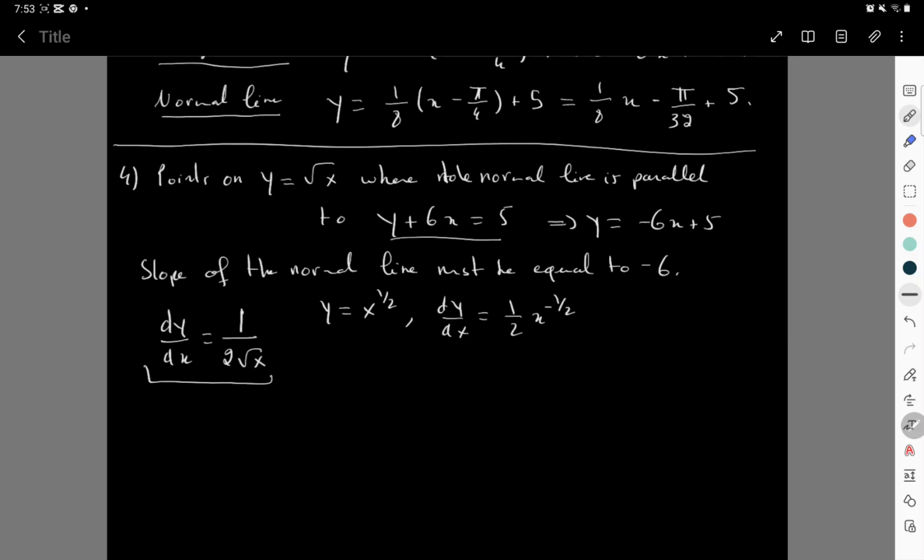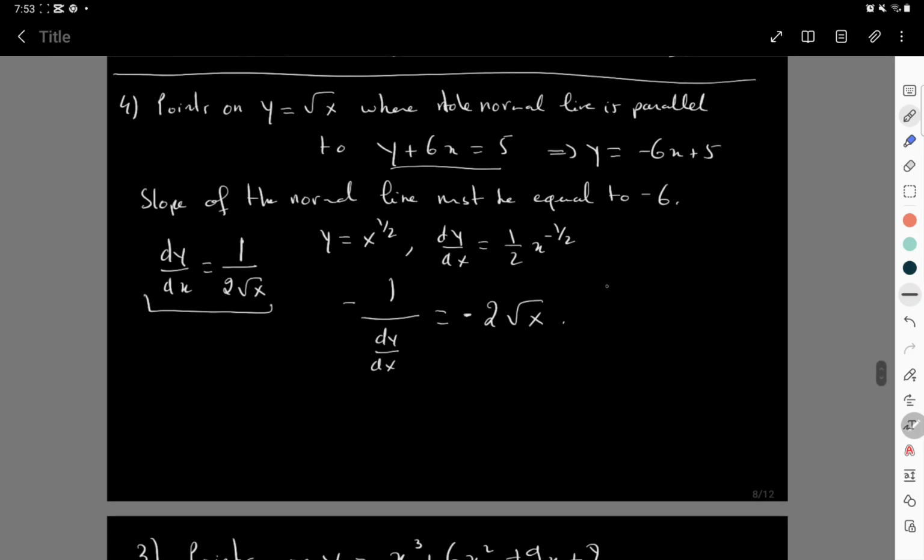Now, if I need the slope of the normal line, all I have to do is take minus 1 over dy by dx. What is that equal to? This is just minus 2 root x. So I need minus 2 root x to be equal to minus 6, right? This is the slope of the normal line.